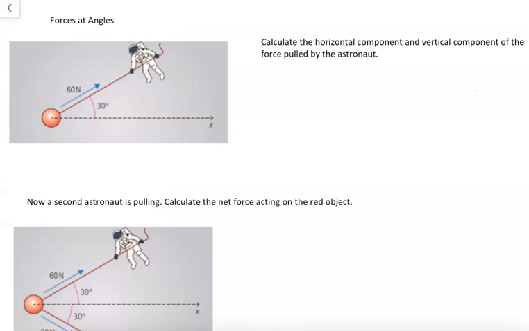Forces at angles use the same concepts that we learned in projectile motion, with the initial vertical component of the velocity and the initial horizontal component of the velocity. So we still want to draw our triangle, but in this case we have it coming off some space ball, because this astronaut is pulling it with a force of 60 newtons at an angle of 30 degrees above the horizontal.